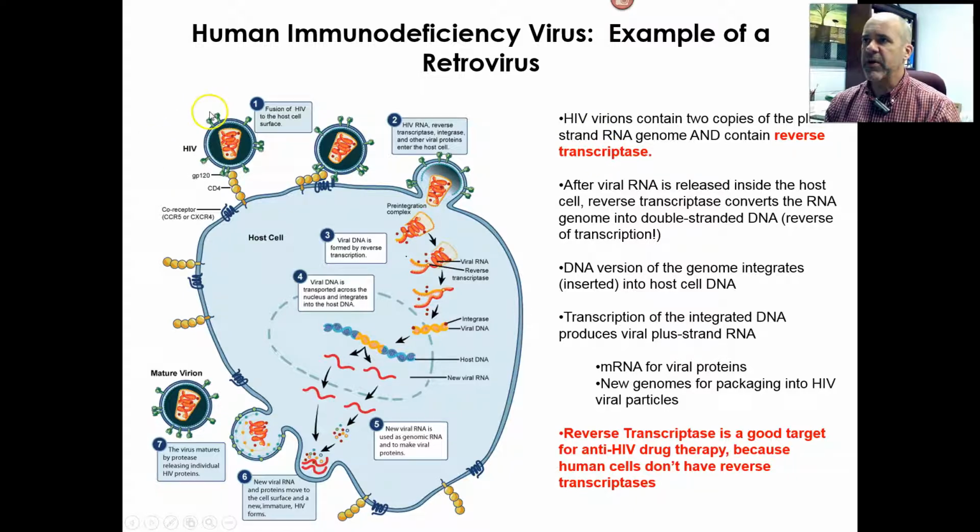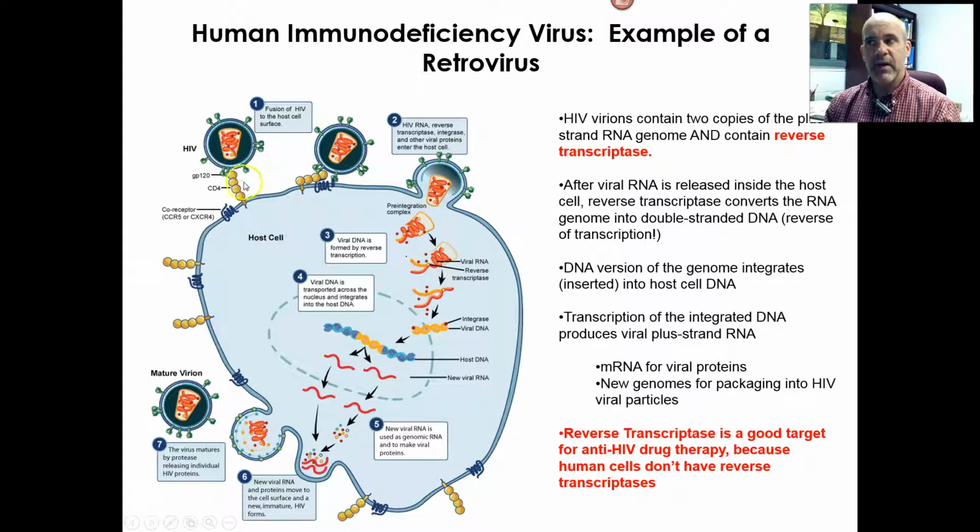An HIV virion, as depicted here, has two copies of its plus strand RNA genome inside a capsid, this little structure here that kind of looks like a thimble. It's an enveloped virus. It has glycoprotein spikes sticking out of the surface. One of those is called GP120, and that very strongly attaches to a molecule called CD4 that is present on some cells in our body.